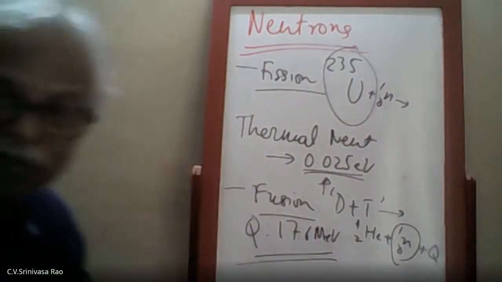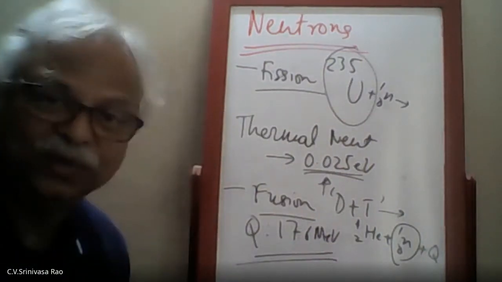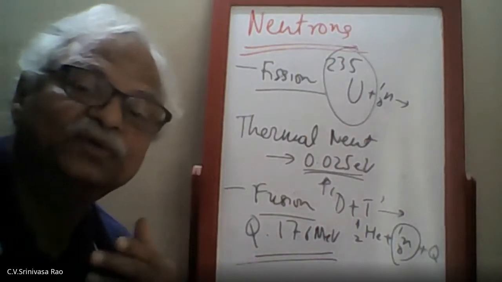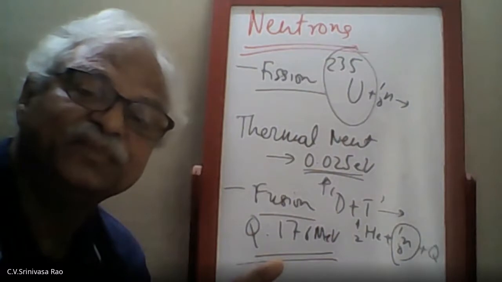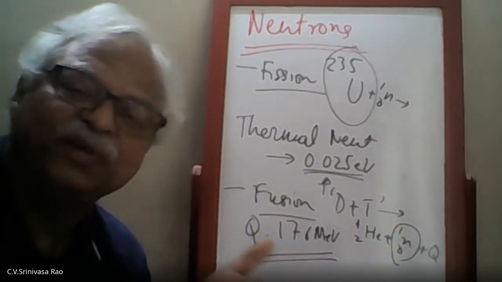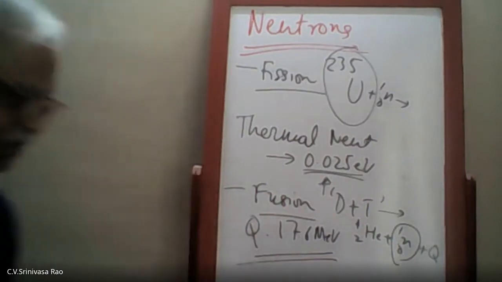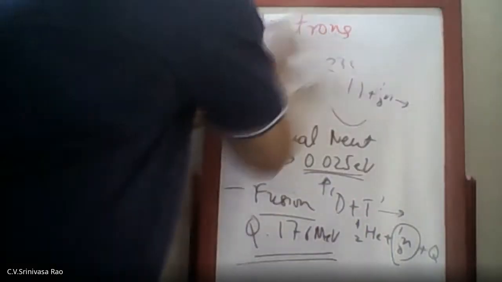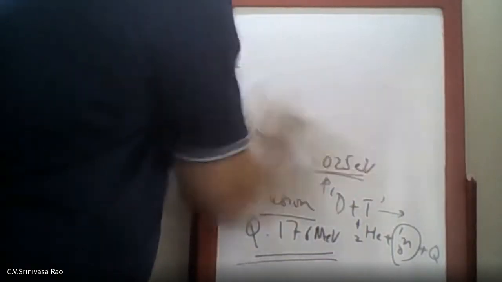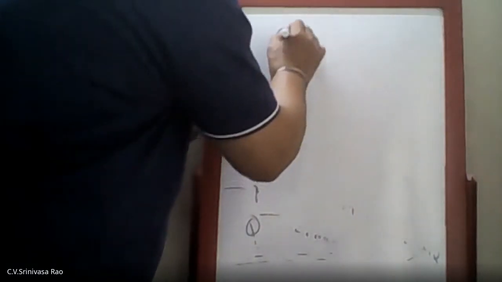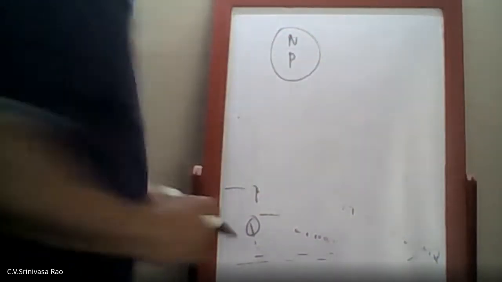Not only in these two processes, I told you in general, any stable element, you can produce artificial radioactivity in them just by passing neutrons into them. Why is it doing that? How is it doing it? So if there's a nucleus, it has a number of neutrons and protons.